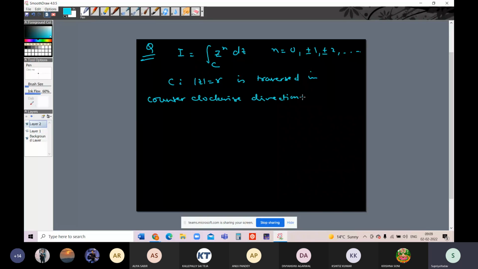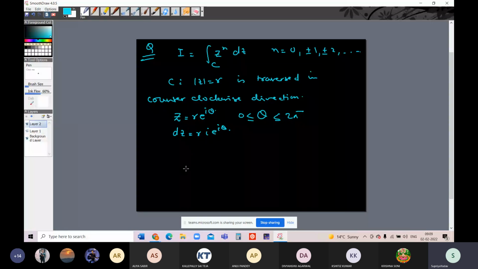Like previously, we can also take here z equal to r e^(i theta), and because it is in the counterclockwise direction, this theta must vary from 0 to 2 pi. r is fixed here, so dz will be i r e^(i theta) d theta.